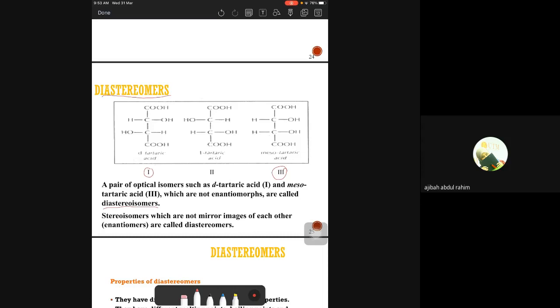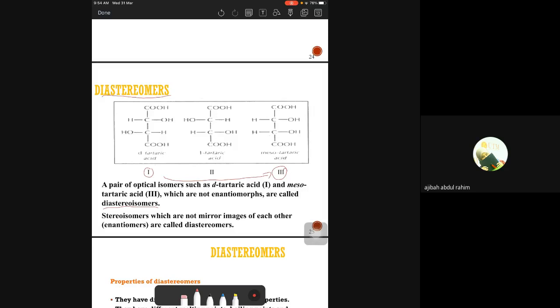So diastereomers, the simple definition would be compounds which are not mirror images of each other. Compound 1 and compound 3 are not mirror images of each other, and they also cannot be superimposed. You cannot overlap them.